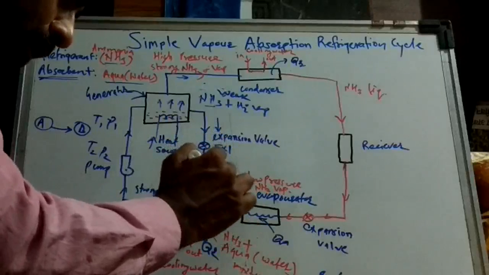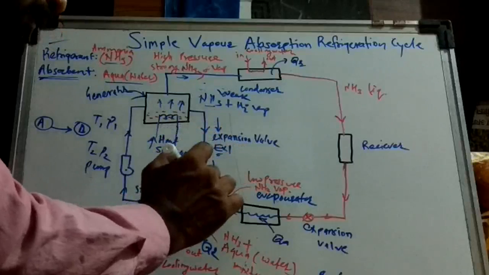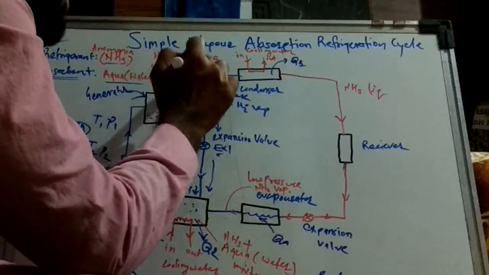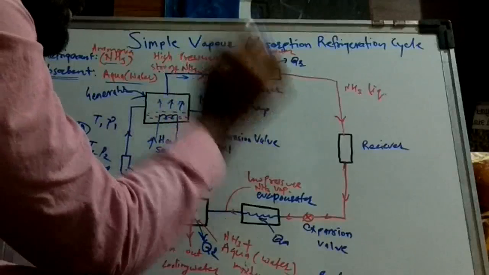That mixture will be supplied again to the absorber. And the strong ammonia NH3 vapor will be supplied to the condenser.